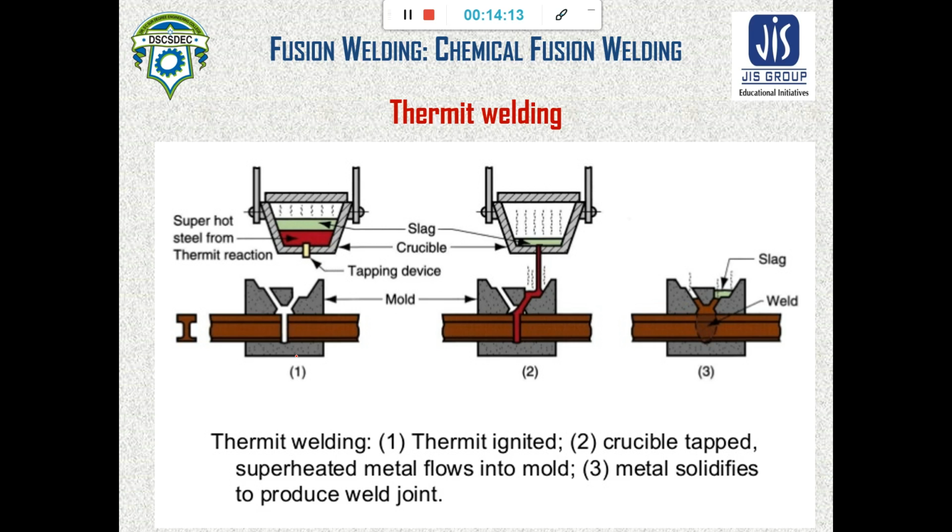Now here in this thermite welding, the super hot steel from the thermite reaction is poured into the place where the welding should be done by opening the tapping device of the crucible, and the slag will remain in the crucible.